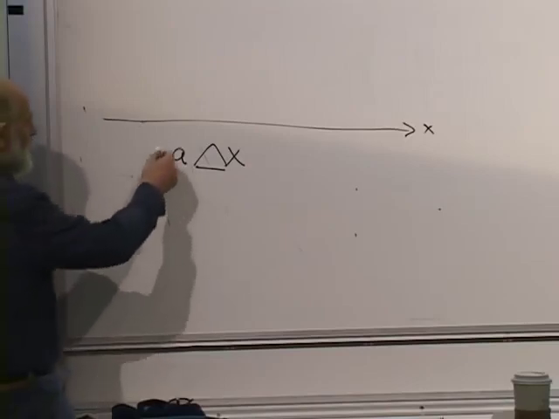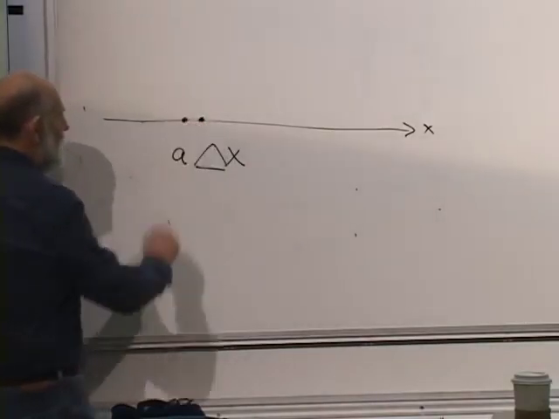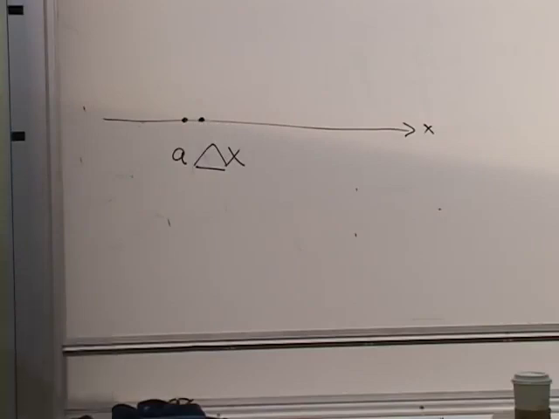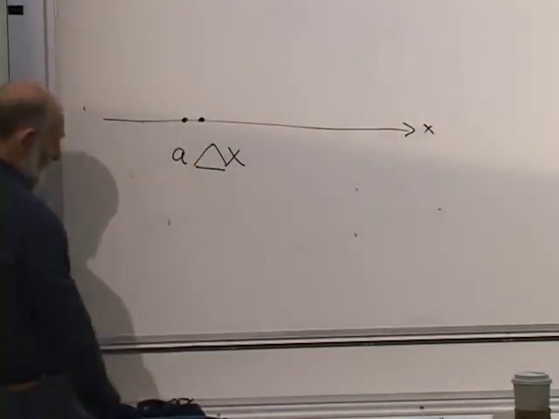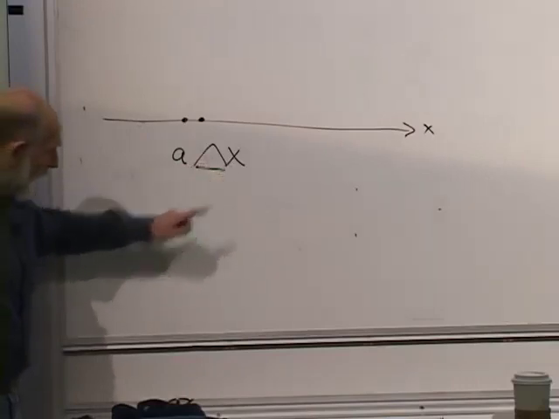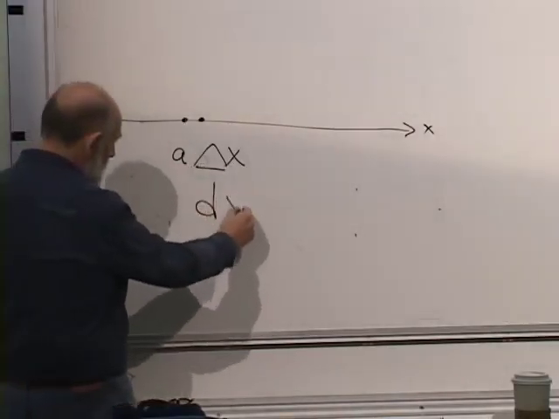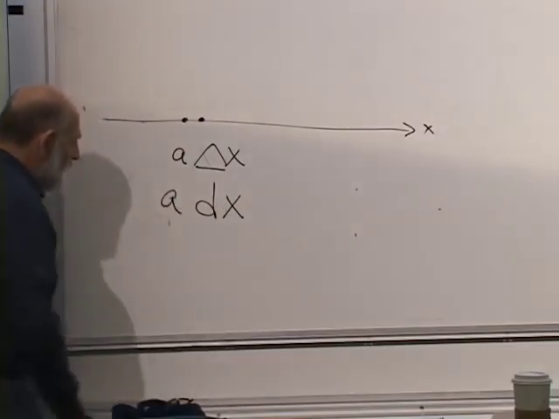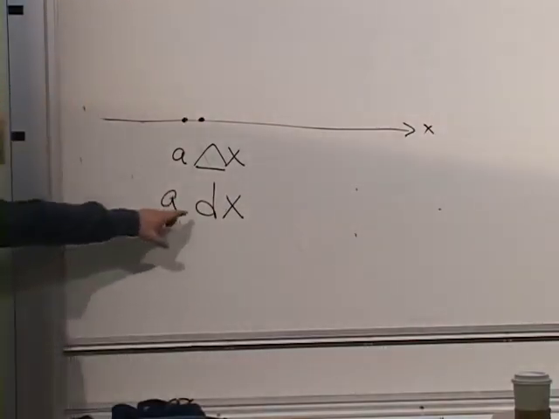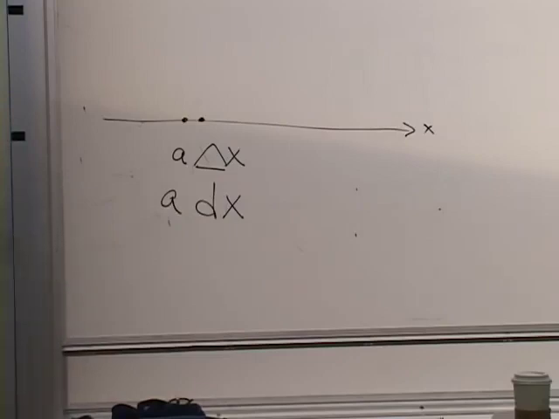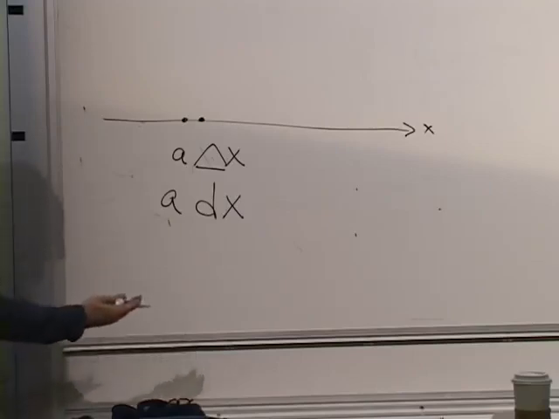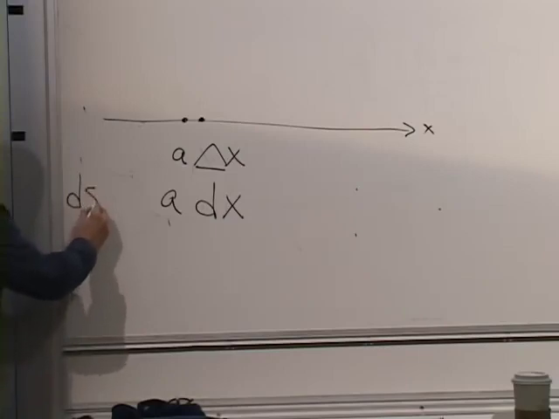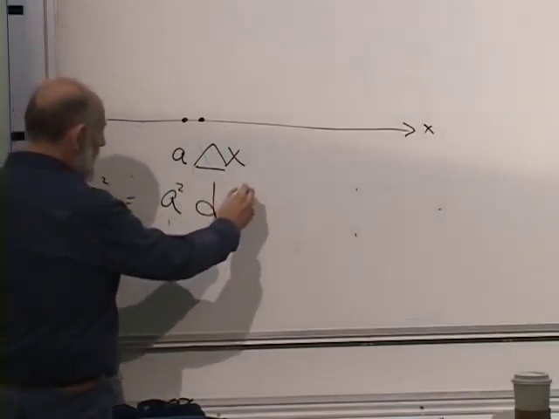A metric is an expression for the distance between two very close points. When the points are close, we can replace this delta x by the symbol dx. Same thing, except when magnitudes are small, we replace them by calculus notation. A times dx. That's the distance between two neighboring points. All right? And what's the square of the distance between two neighboring points? Let's call it ds squared. That's equal to a squared times dx squared.